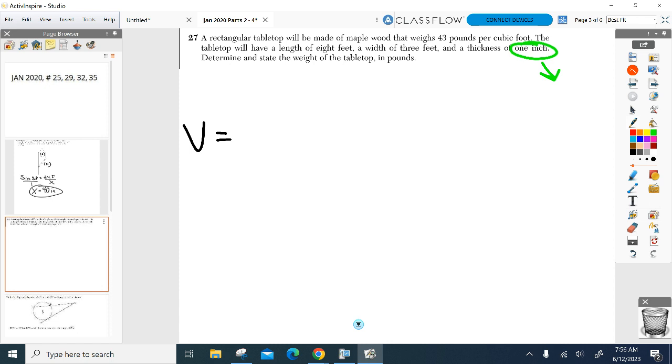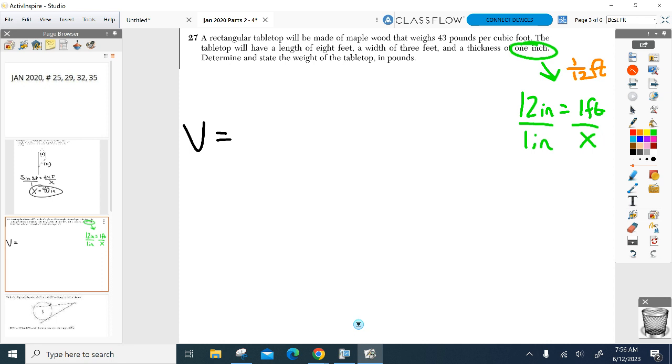If you're concerned, do I divide or multiply by 12? Set up a proportion. 12 inches equals 1 foot. I have 1 inch. How many feet would that be? And cross multiply. I don't know what that decimal turns out to be, so I'm just going to leave it as a 12th. 1/12 of a foot. Now you can go ahead and find volume.